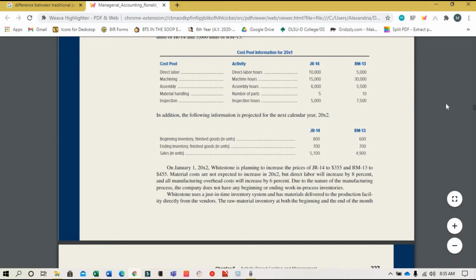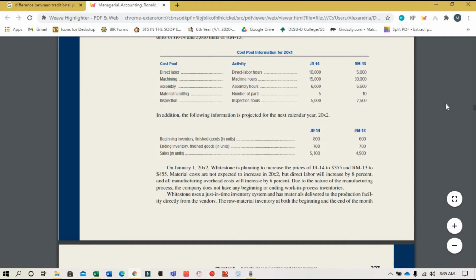Material costs are not expected to increase in 20X2, but direct labor will increase by 8% and all manufacturing overhead costs will increase by 6%. Due to the nature of the manufacturing process, the company does not have any beginning or ending work in process inventories.